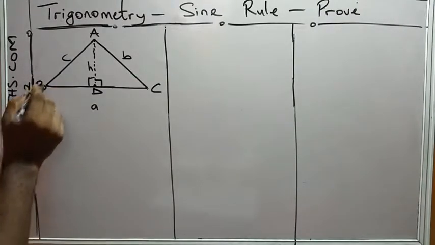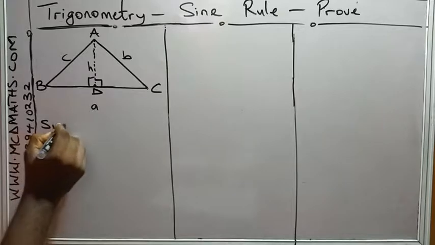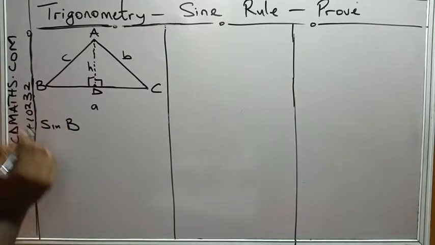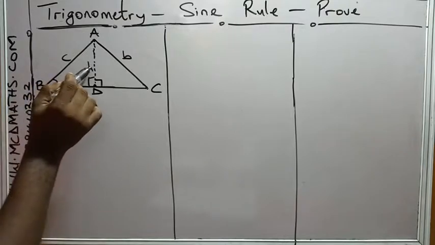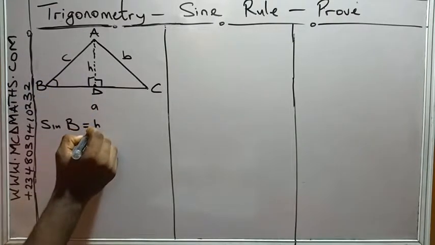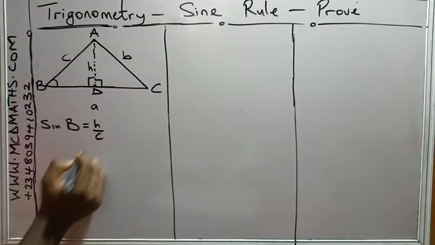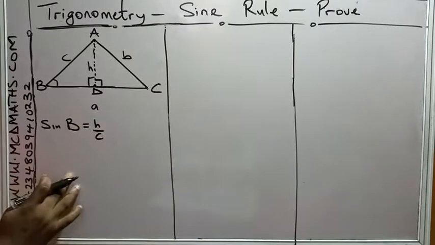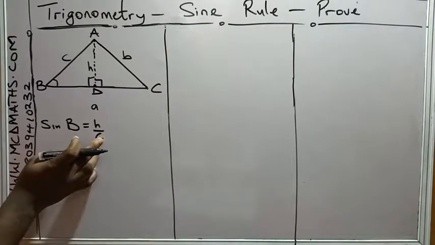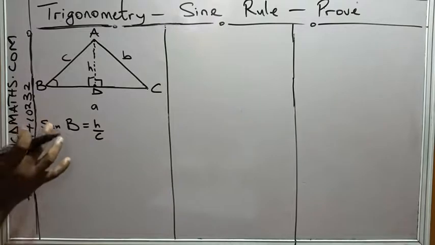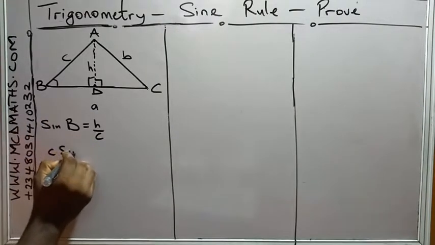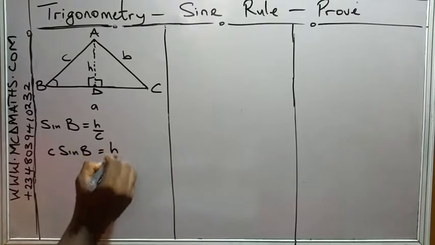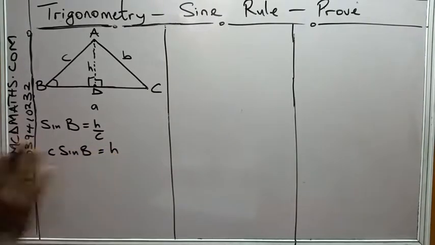Sine B, in this triangle, will be equal to opposite, which is H, over hypotenuse, which is C. Now if you make H the subject of the formula, the C will come this way, and that means C sine B will give you H. So we've gotten H there.